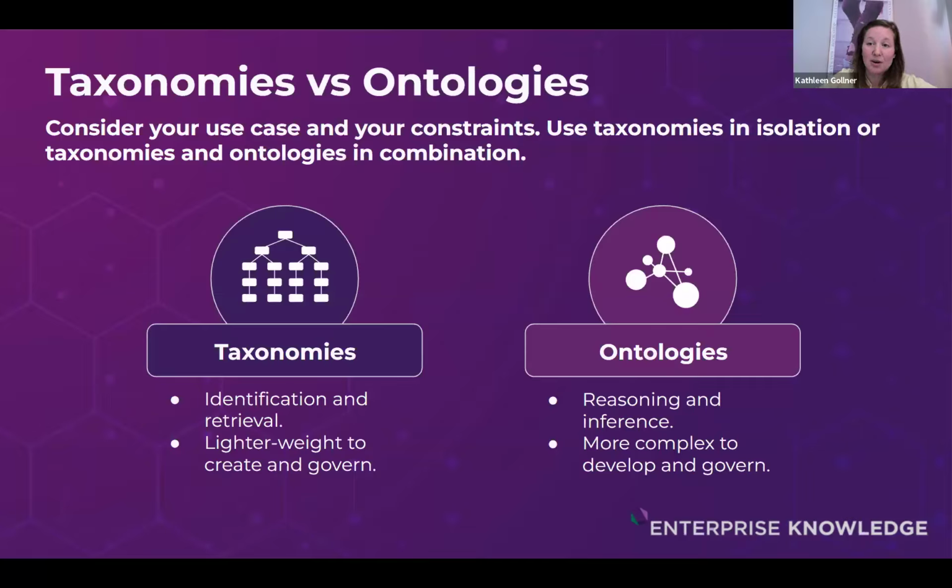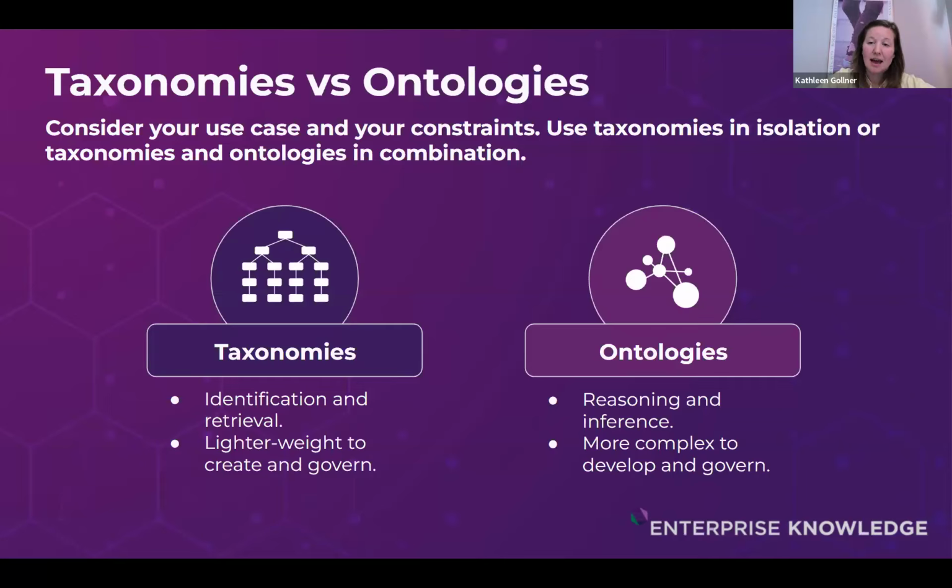When you need to identify what terms or what assets are affiliated with those concepts, taxonomies are your go-to. Taxonomies are also typically lighter weight to create and govern, so it can be a good entry point.